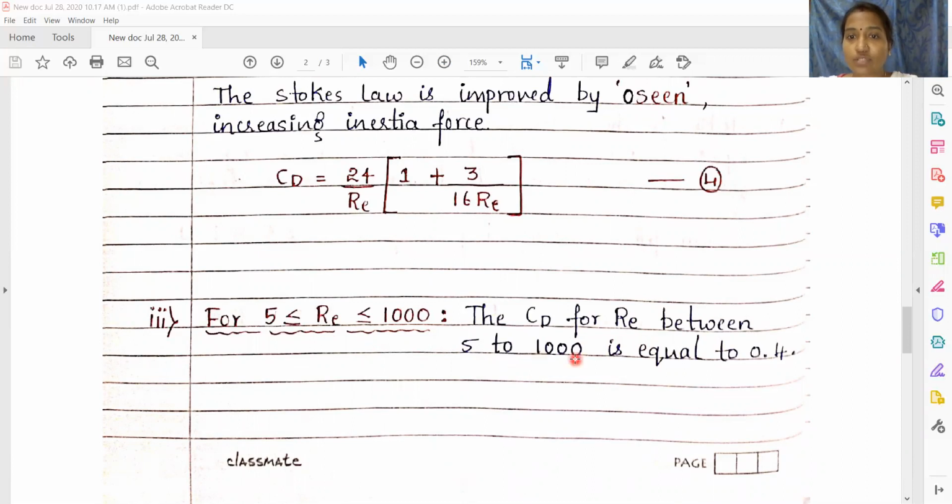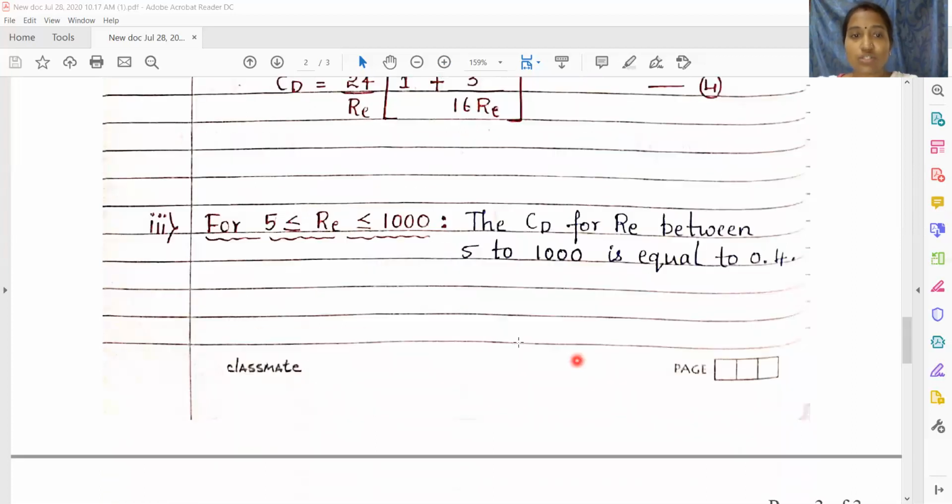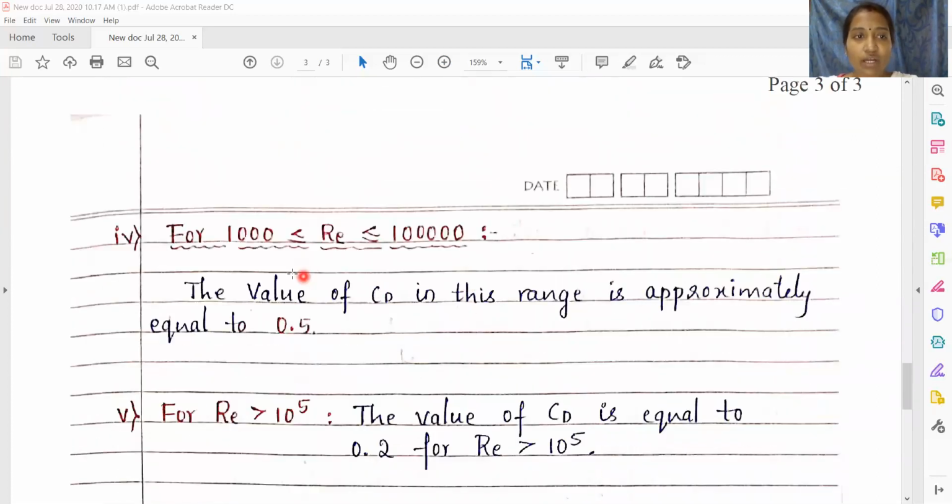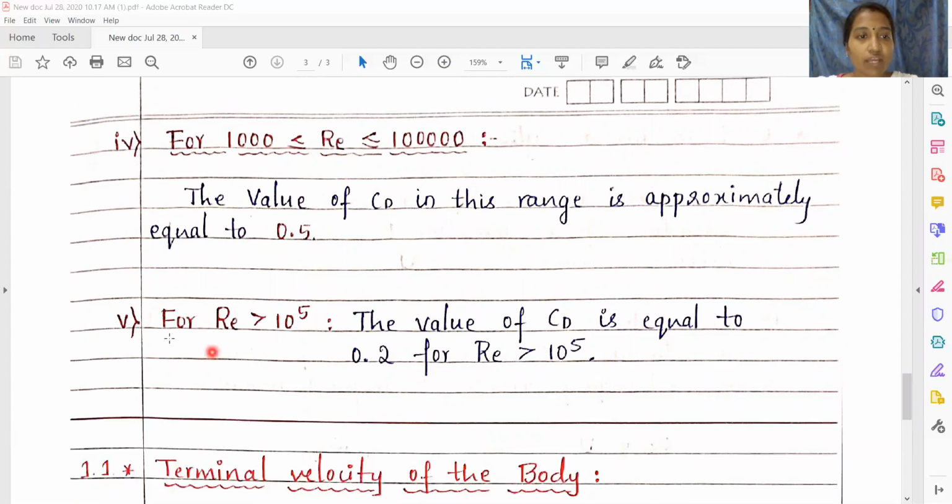Again we have a fourth condition, that is for 1000 less than or equal to RE less than or equal to 1 lakh, CD is equal to 0.5. Then for RE greater than 10 raised to 5, the value of CD is equal to 0.2.